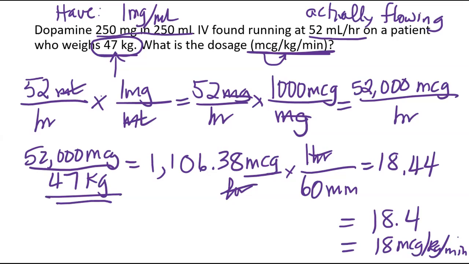We took 47 kilograms times 1,106, we got 52,000. And then we converted hours to minutes, and that's how we got our answer. And if you're not sure, give all of them. Okay, we've got 18.44, 18.4, and 18 micrograms per kilogram per minute. And that's how you do that.